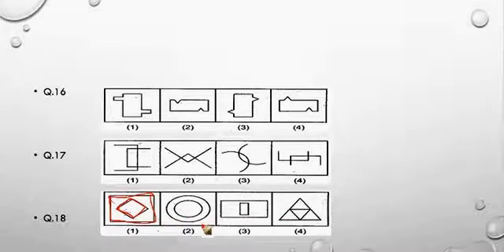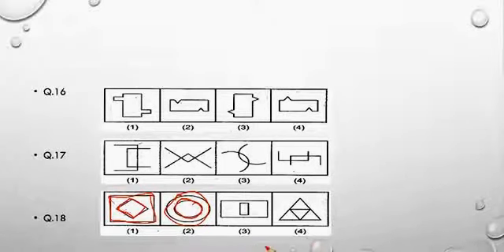In case of problem figure 2, there is a circle in which another circle has been drawn. So in case of problem figure 2, both the inside design and outside design are similar. But in case of problem figure 1, the design inside and the design outside are different.